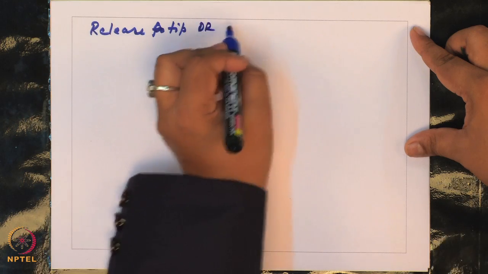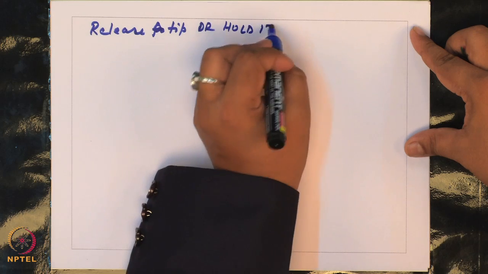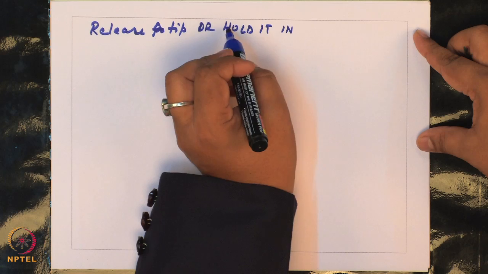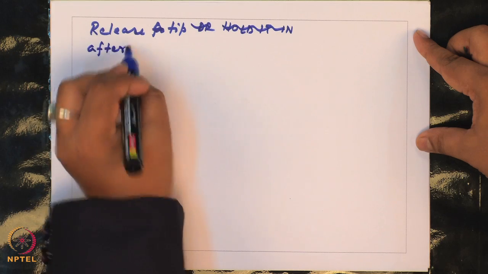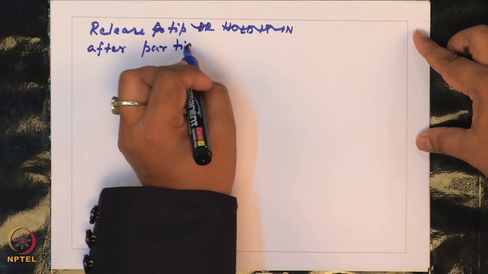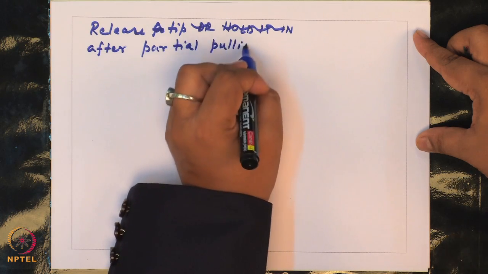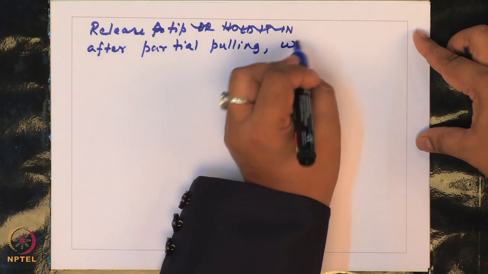What if a cell is exerting so much force that the entire protein unfolds? Will that be the end of function of that protein or not? What has been observed is there is another aspect, and you can do that. If you release the tip or hold it in one position, if you release the tip after partial pulling, what will you see?